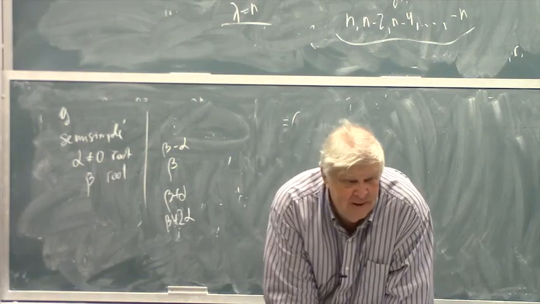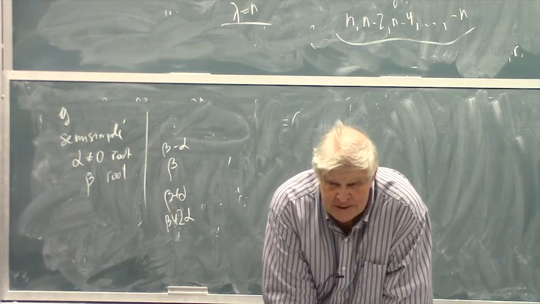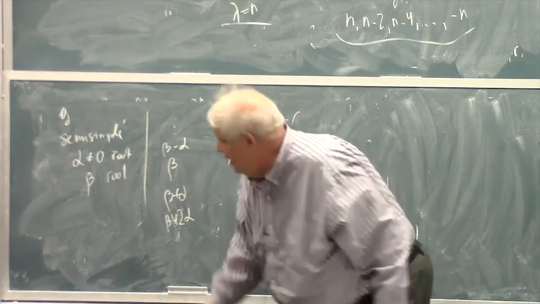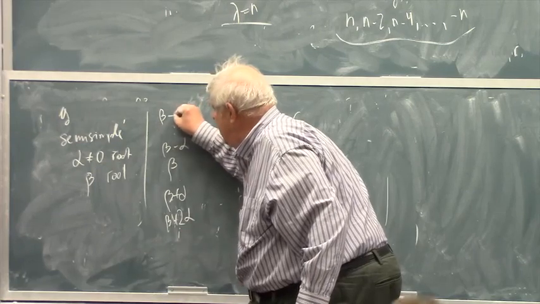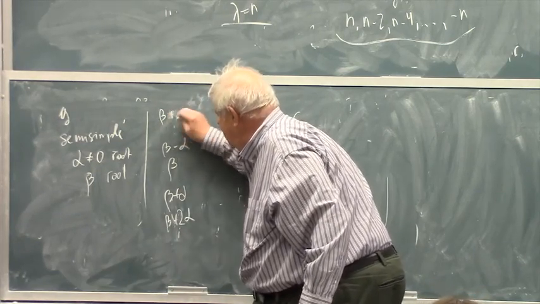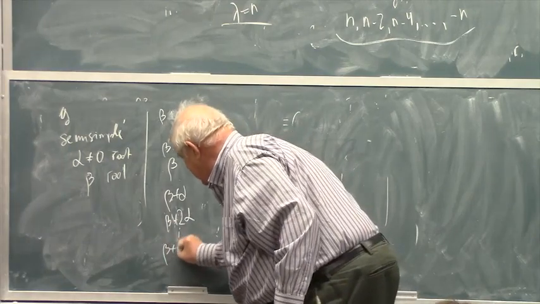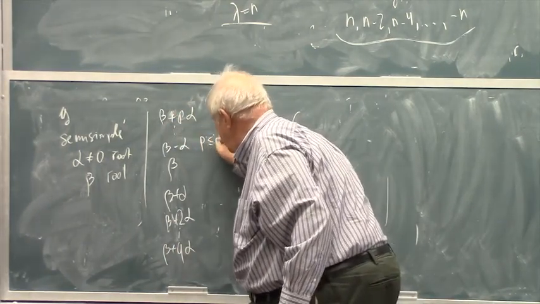So you shouldn't expect this infinite travel, and we stop somewhere. So we have the root beta plus q alpha here, beta plus p alpha here, where p and q.